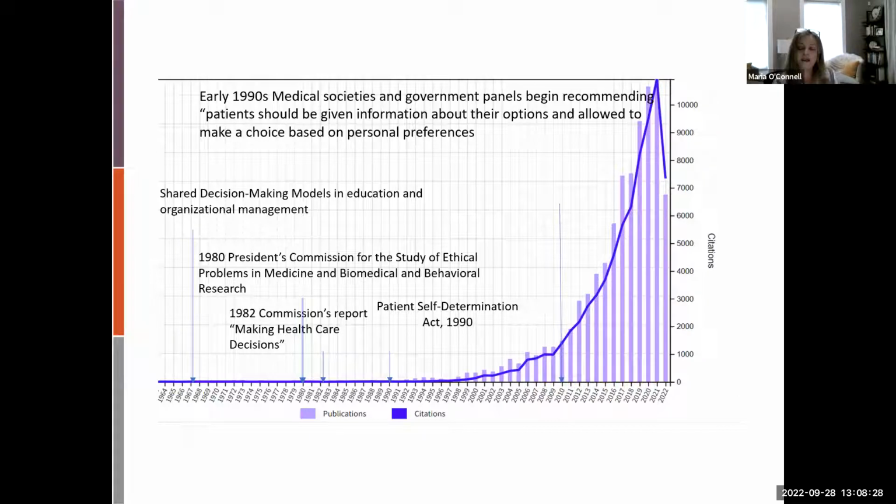And so individuals had access to a wealth of information that previously was more difficult to access. People were coming into their providers and saying, well, what about this? What about that? I read about this. And as you know, that's a very common part of our healthcare system today. But this is where it exploded in the early 1990s.